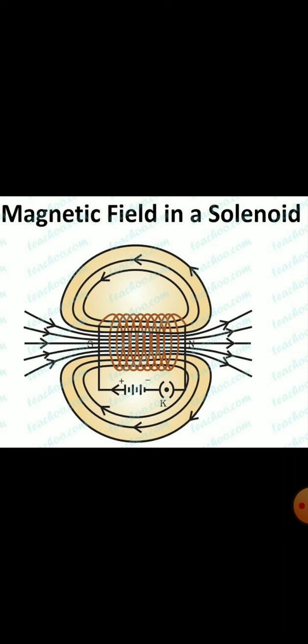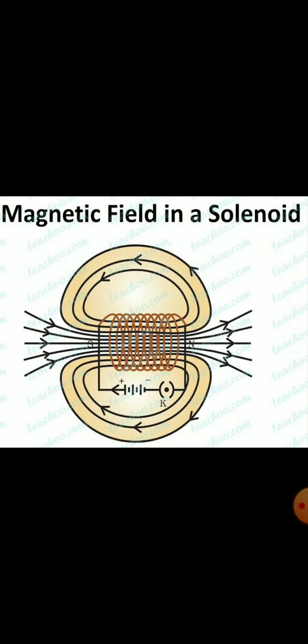So there the magnetic field lines will be in the form of parallel straight lines. What does that mean? This indicates that the magnetic field is same at all points inside the solenoid.